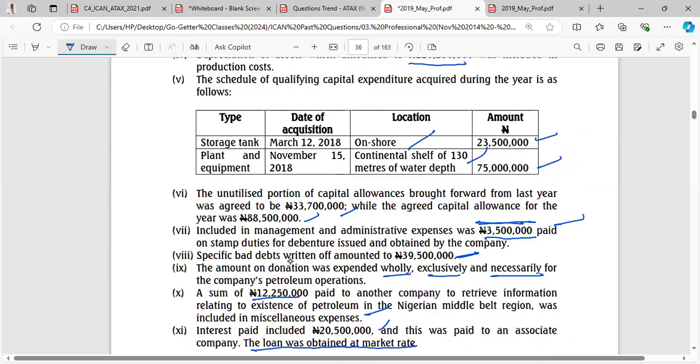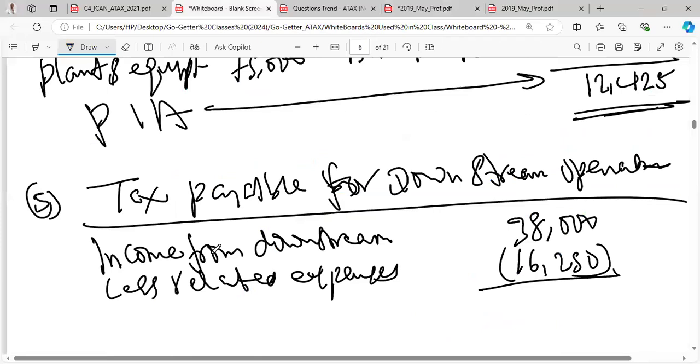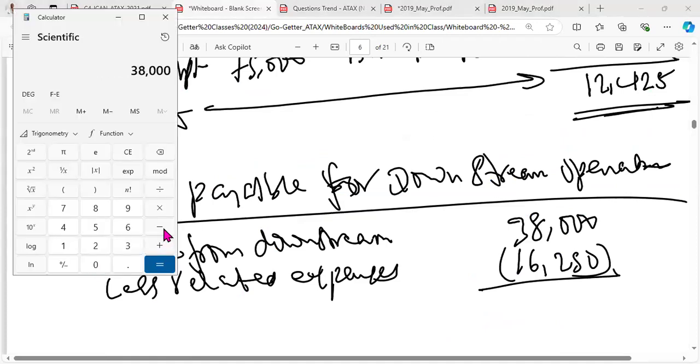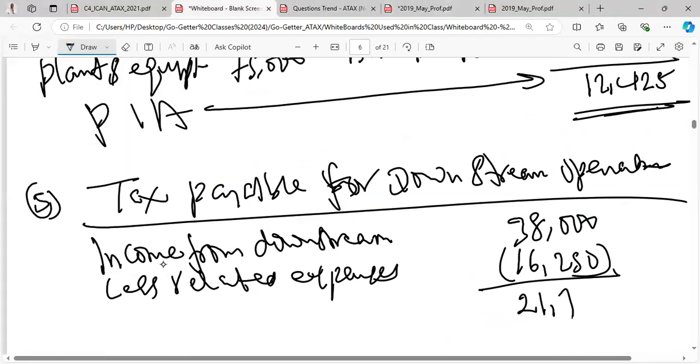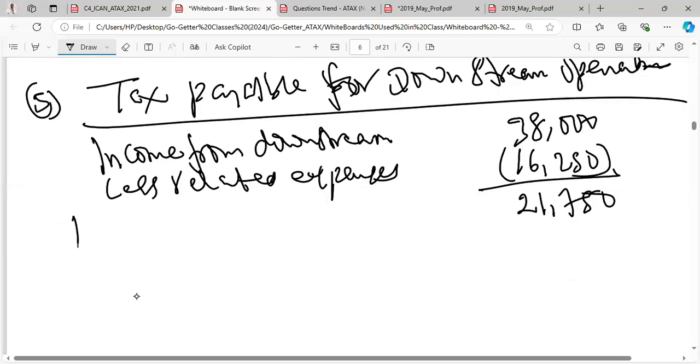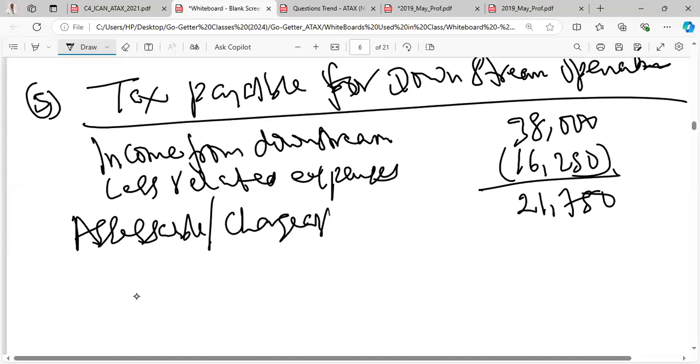So we simply find the profit from here: 38,000 minus 16,250 gives me 21,750. So this 21,750 is both your assessable and chargeable profits.